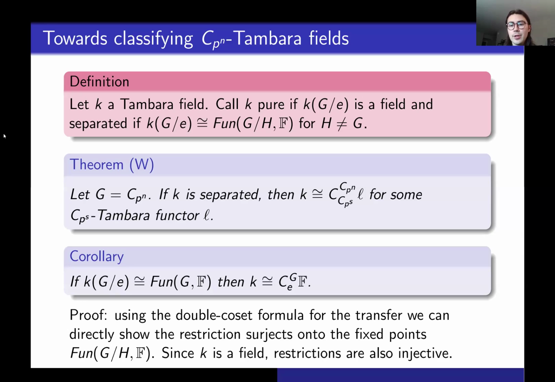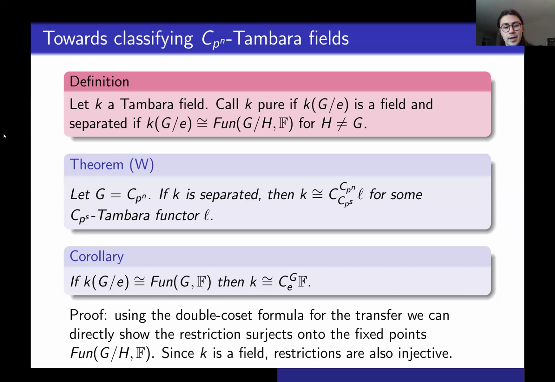The precise way that it is a sum over orbits, you can use to show that, given any element in the H fixed points of the G mod E level, you can construct an element that transfers up and then restricts back down to that thing. My point is that the restriction maps are surjective maps from the G mod H levels to the H fixed points of the G mod E level. Well, the restriction maps are also injections, so that means they're isomorphisms.